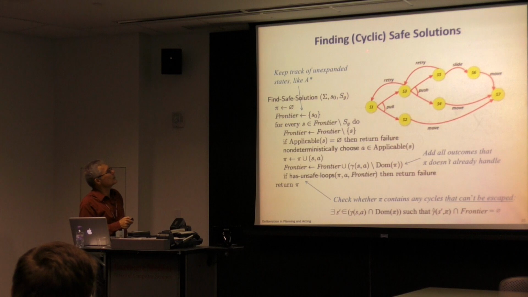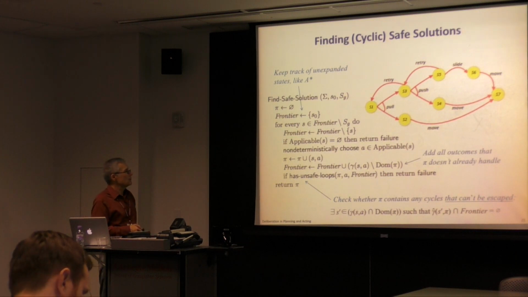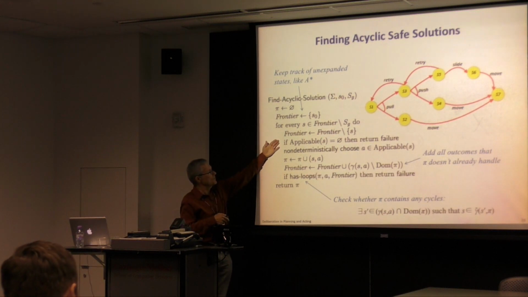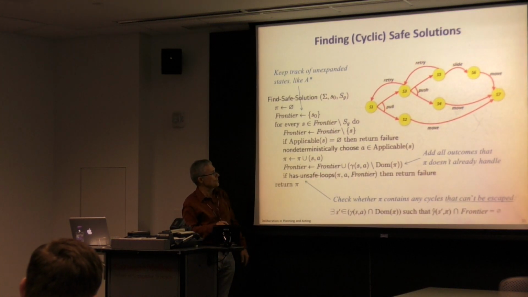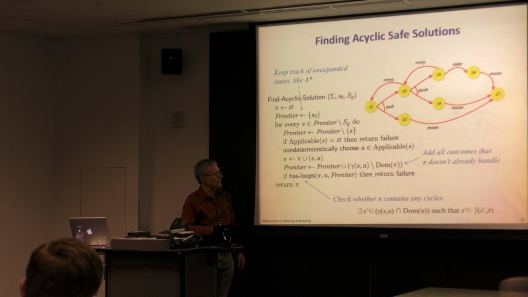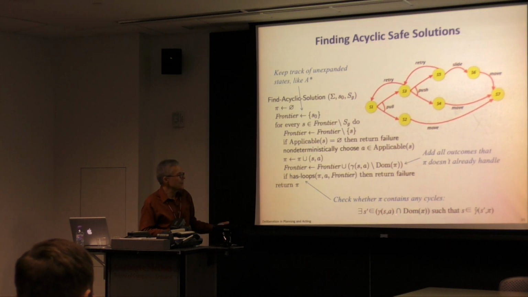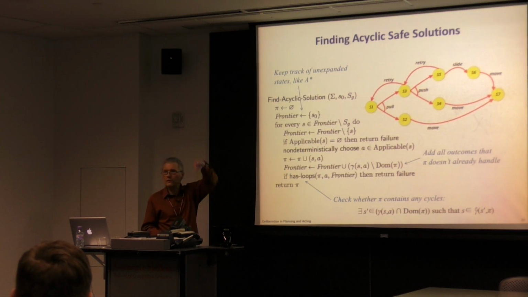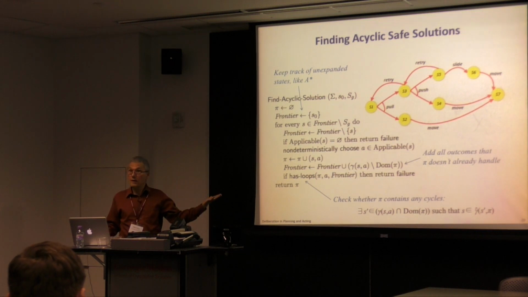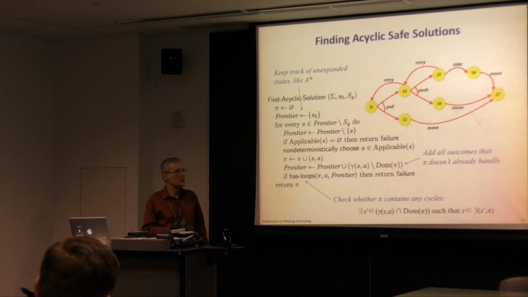Here is something that will find safe cyclic solutions. It's very similar to the one for finding acyclic solutions. All of this is the same except for here. Here we were checking to see whether there was anything in the outcome of one of the actions that ended up being the state of a predecessor action, whether there were any loops at all.